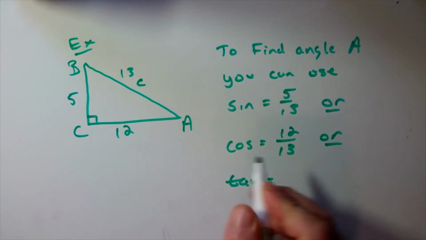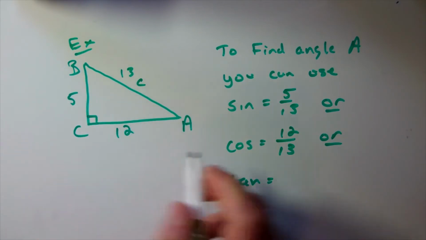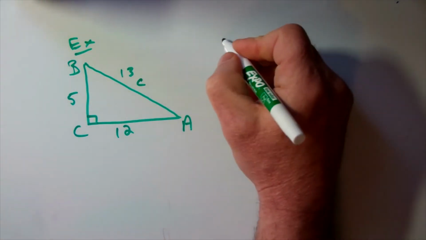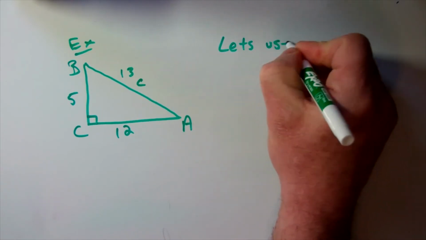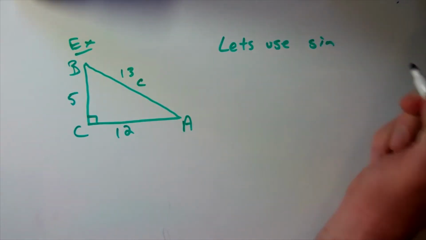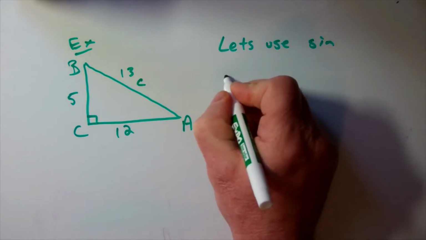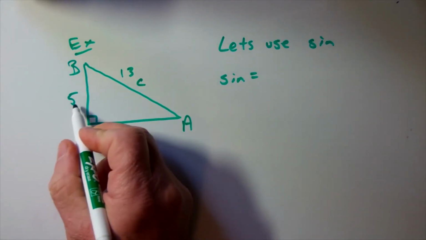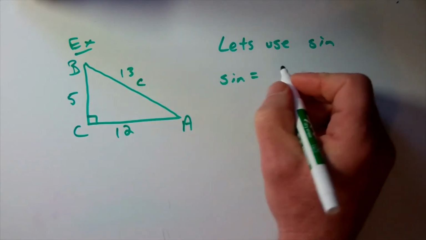Or you can use the tangent, which is the opposite, which is 5, over the adjacent, which is 12. Now, any one of these ratios is going to give you the same answer. So, let's use sine since that was first.